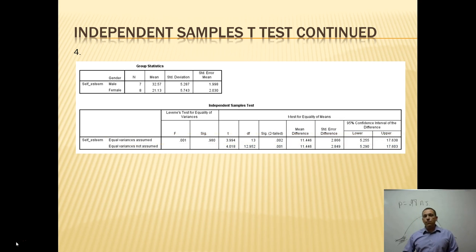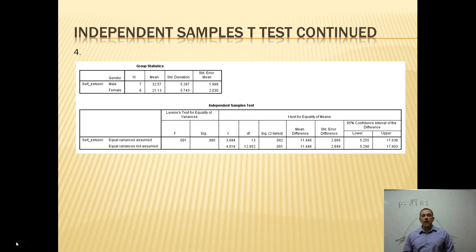If this had been statistically significant, it would tell us we need to make some type of an adjustment for type 1 error. We would use the second row or the second line of numbers. But again, 0.98 is not significant. Let's use the top row.